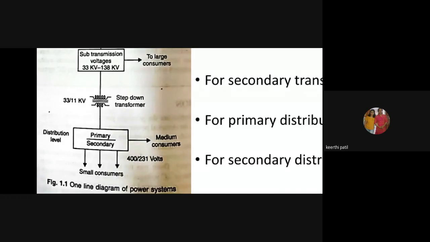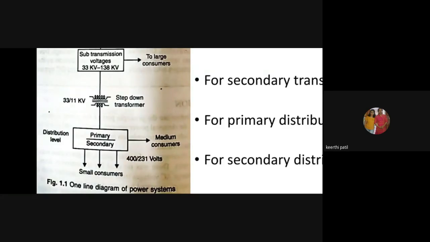From 11 kV start the primary and secondary distribution levels, from where the power goes to the consumers. The medium consumers take it directly from the primary distribution level, and the small consumers take from the secondary distribution level. For the medium consumers the rating is 400 volt, and for the small consumers it goes to 230 volt.